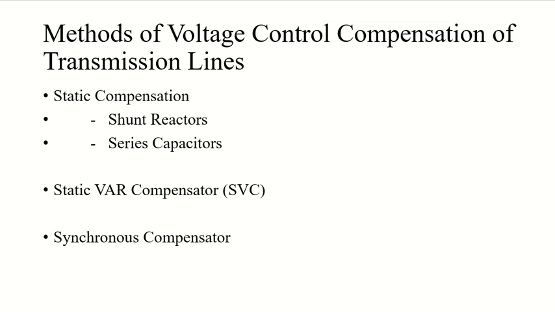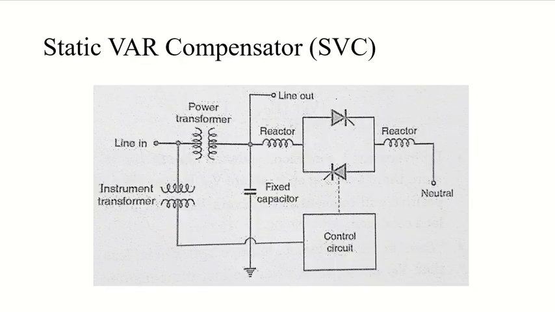The next one is the static var compensator, or SVC, as we call it. This SVC consists of fixed capacitor banks, which we saw just before, or you can call it a parallel capacitor bank, and they are switched by a reactor bank in parallel. What it does is draw lagging or leading reactive power from the line based on the requirement of your system. A reactance will be connected in parallel with the line, and it will draw reactive power.